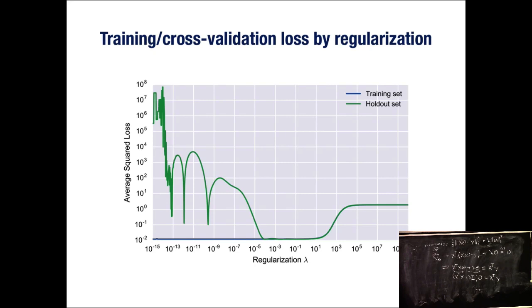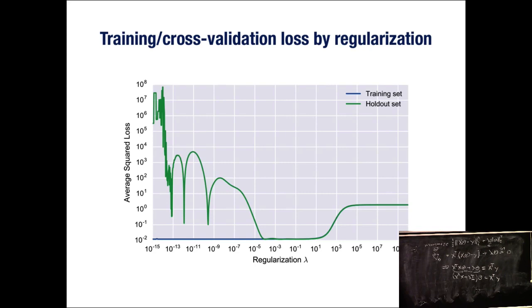This is for a 50-degree polynomial now. A 50-degree polynomial, if we don't use regularization, clearly overfits the data very highly, right? We saw that before. You have 10 to the 7 as your error on the holdout set. Of course, your error on the training set is still very low, so this blue line here is still really low. But your error on your validation set is incredibly high.